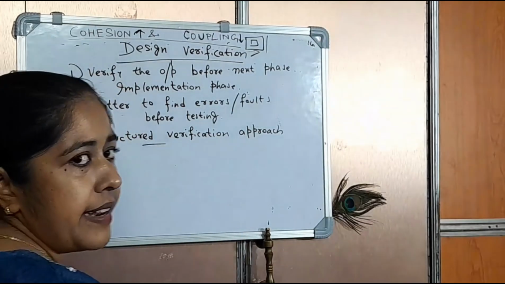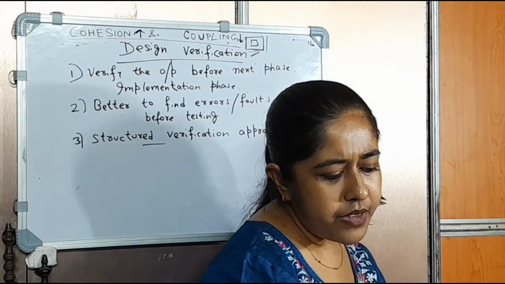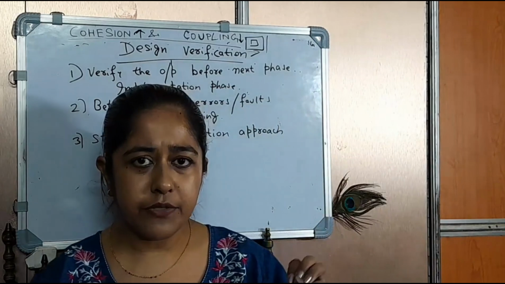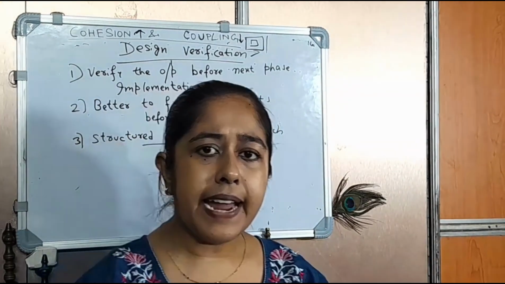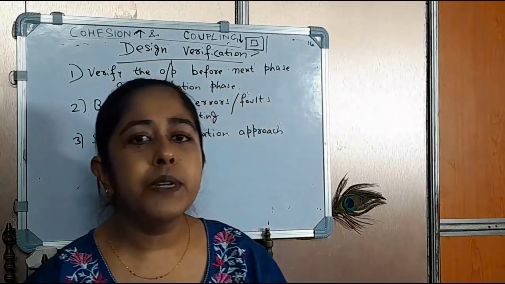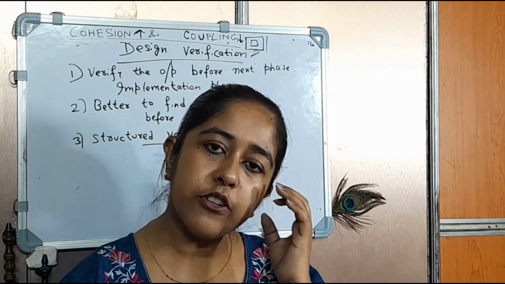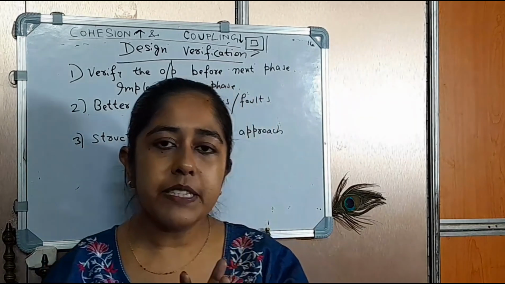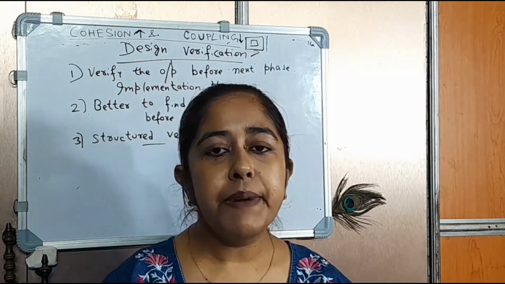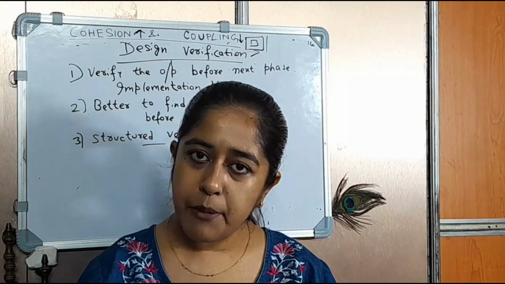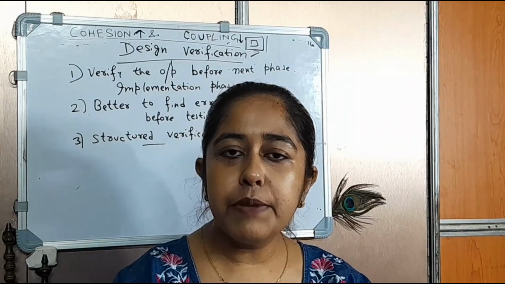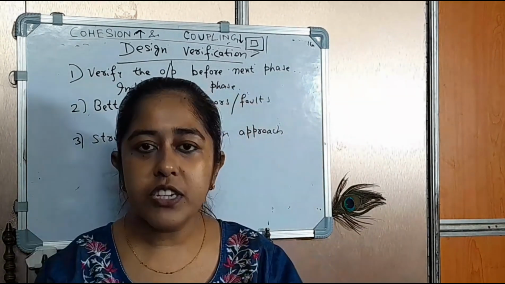Whatever mistakes were there previously can then be easily corrected or verified. A structured verification approach should be taken so that any mistake can be easily cleared before your testing phase. That will be better for your development team, as well as the programming team who will be doing your coding phase. It will be better for both of them if some structured kind of thing is done.